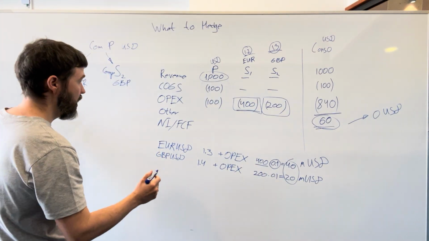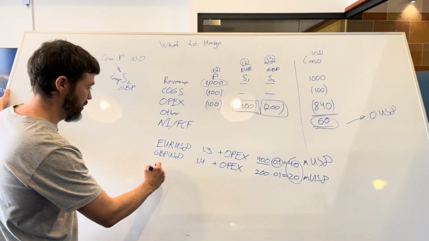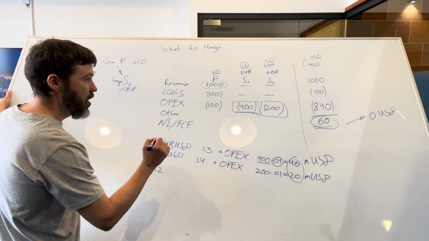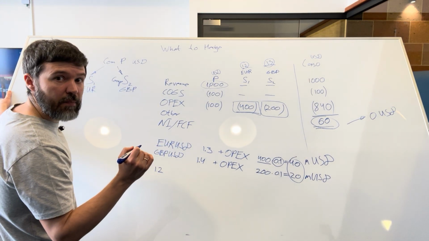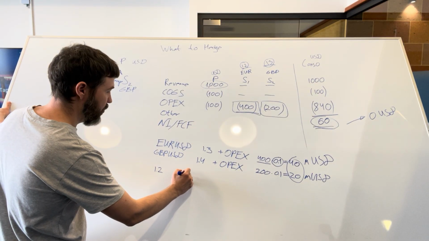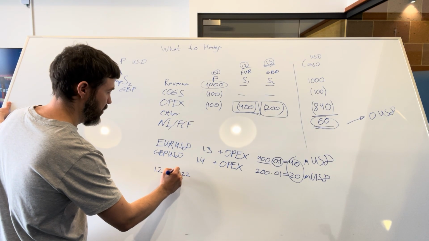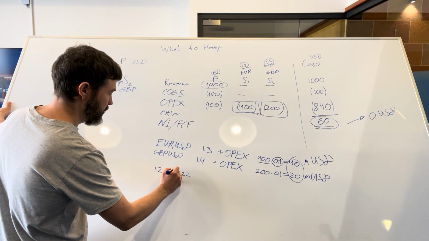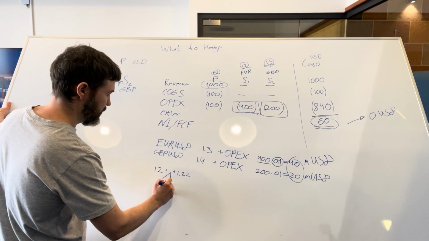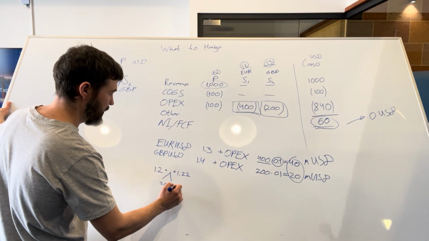It means if the rate today is 1.2, you might buy the contract at 1.22, plus 200 basis points, 200 BPS.